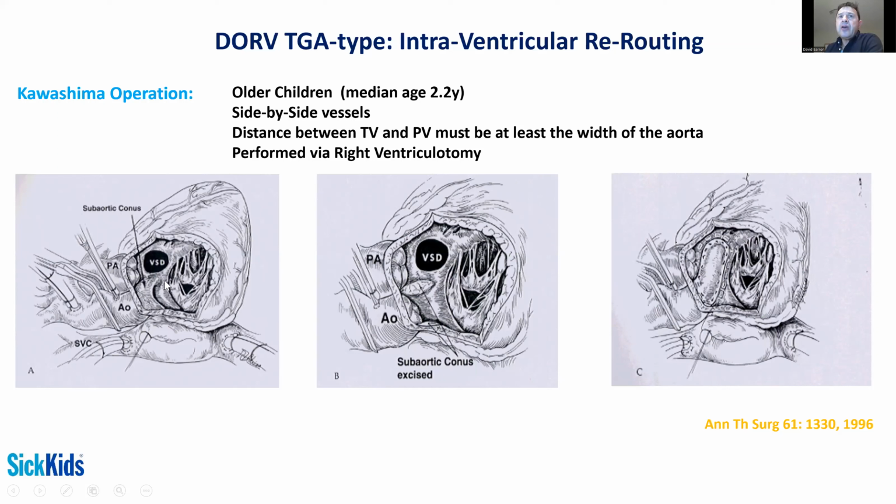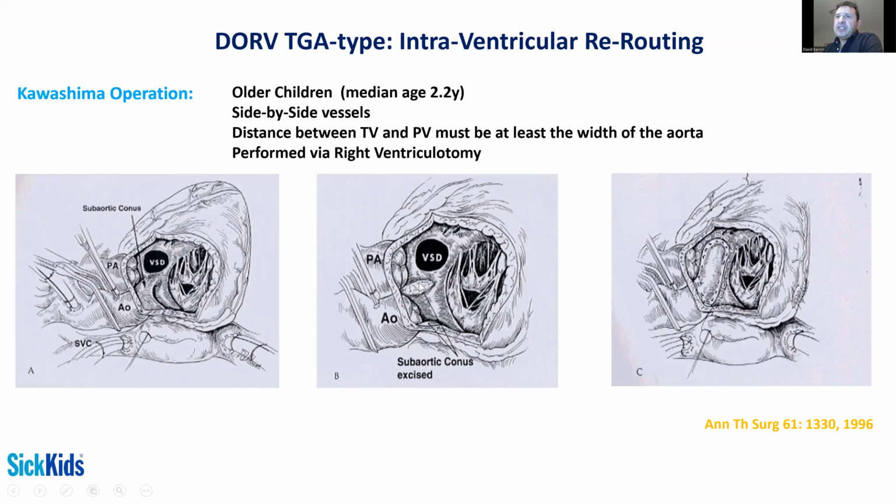It has to be done through a ventriculotomy, and you can see the VSD shown here, and the outflow septum here, which is deviated beneath the aortic valve. So if we're going to achieve an intraventricular baffle, we need to resect that outflow tract septum, as you can see in the middle picture, so that you create an open pathway between the VSD and the aorta.